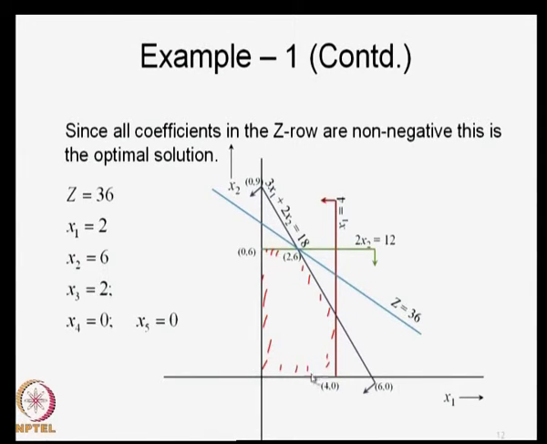So, from which point to which point you are moving will be decided in the simplex table, both by the entering variable as well as the departing variable. So, in iteration 1 we started with this solution, iteration 2 we went to this solution, and iteration 3 we went to this solution. Without computing the other 2 points, we decided that this is the optimal solution. The solution cannot be improved further.